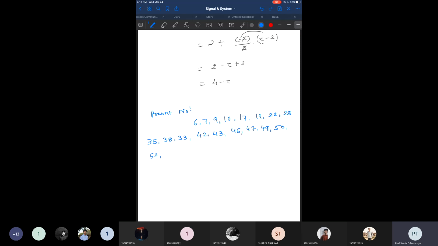Then 56, 57. And D2D4 is present. So the numbers present are 6, 7, 9, 10, 17, 18, 19, 22, 28, 35, 38, 33, 42, 43, 46, 49, 50, 52, 56, 57, and D2D4.